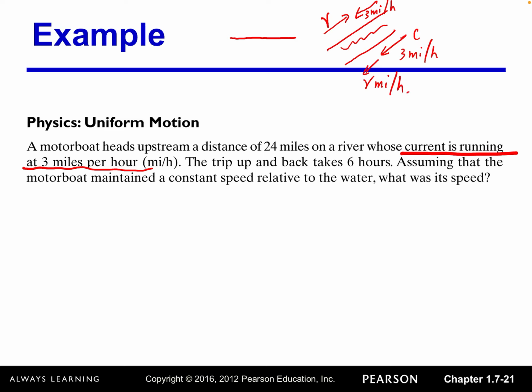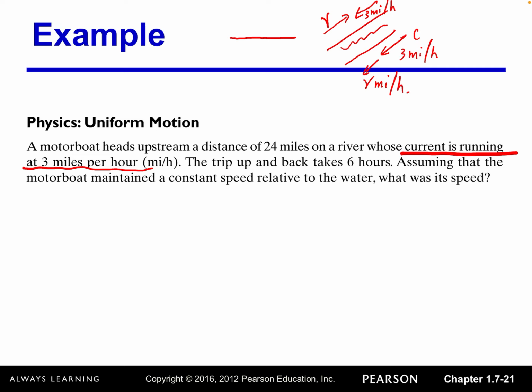So when they travel in the same direction, the water actually accelerates the boat, making the boat's moving rate faster. Think about that. Can you understand this situation? If you can, then it will be much easier to set up the model.